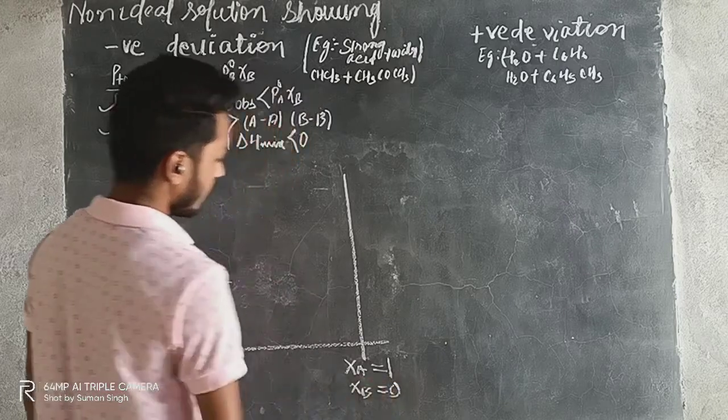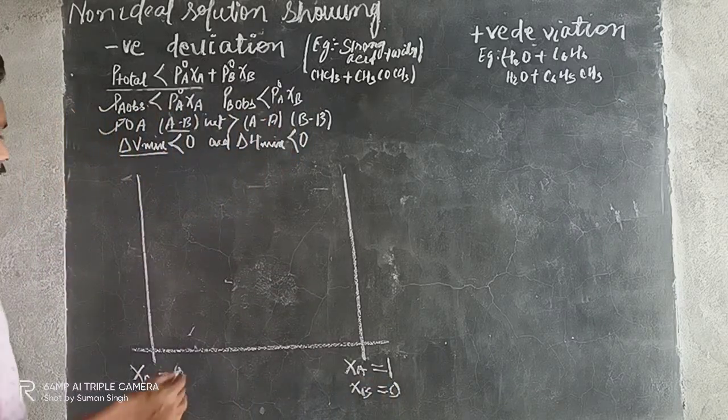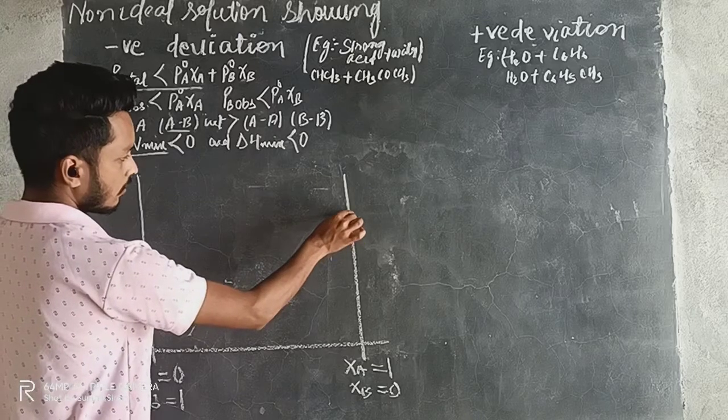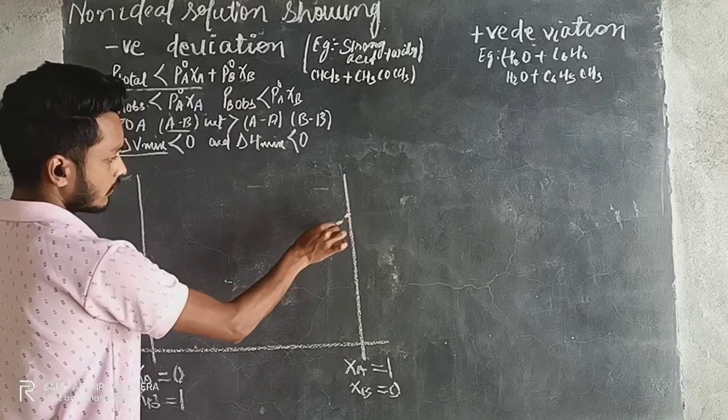So just now I have given you the graph of ideal solution, right? The ideal solution graph was something like this.